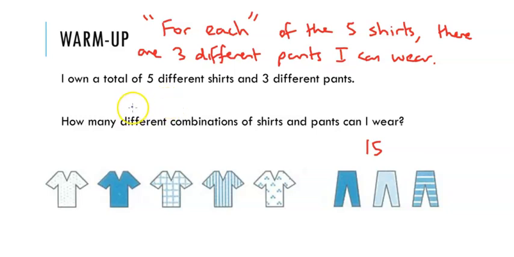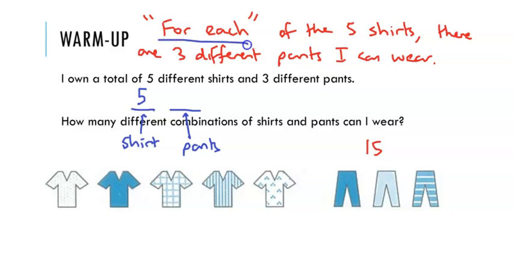If you want, you can think of it as 2 different positions. So this position here is going to be the shirt, and this position here is going to be the pants. Now, I have to choose a shirt, and I have to choose a pair of pants. So my choices for the shirts, I've got 1, 2, 3, 4, 5 of them. I've got 5 choices for the shirts.